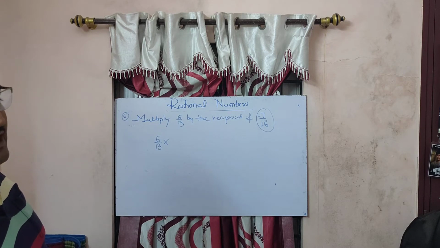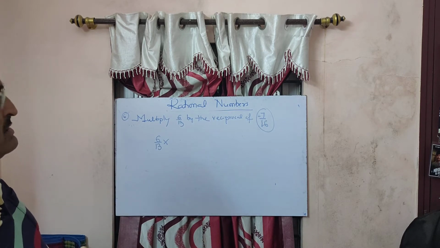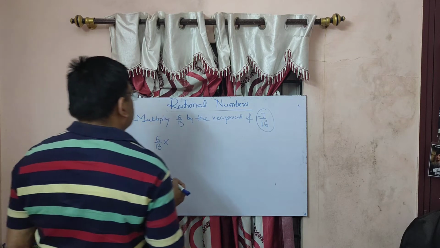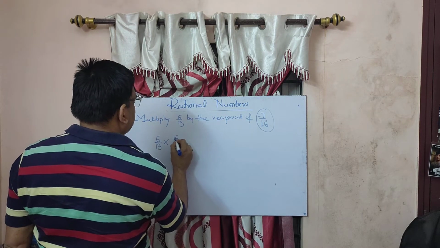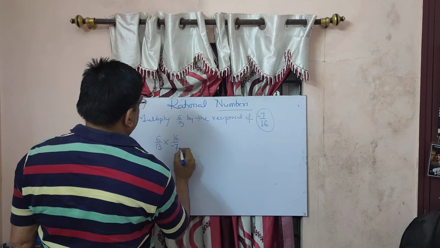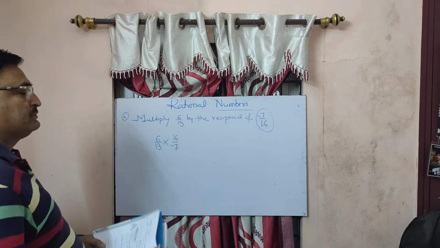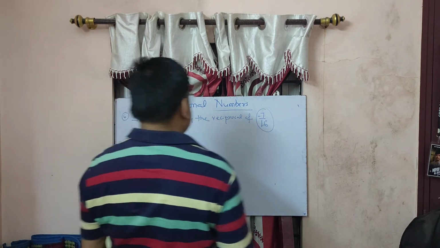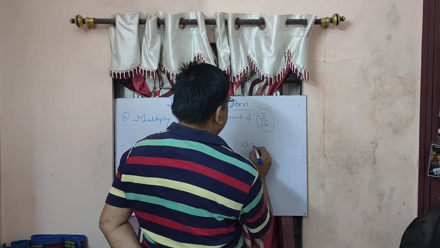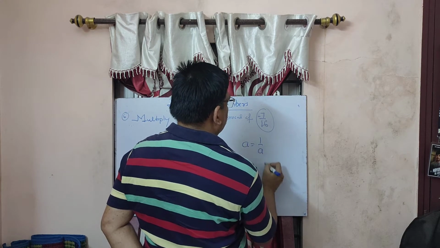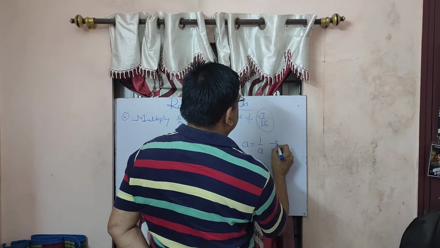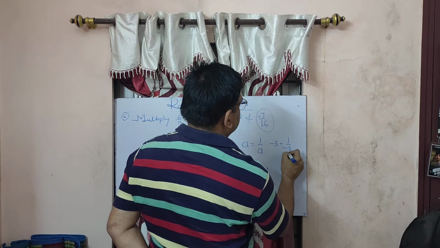The numerator will become the denominator and the denominator will become the numerator. So that is 16 by minus 7. This is called reciprocal. Or you can say, what is the reciprocal of A? That is 1 upon A. What is the reciprocal of minus 3? That is 1 upon minus 3.